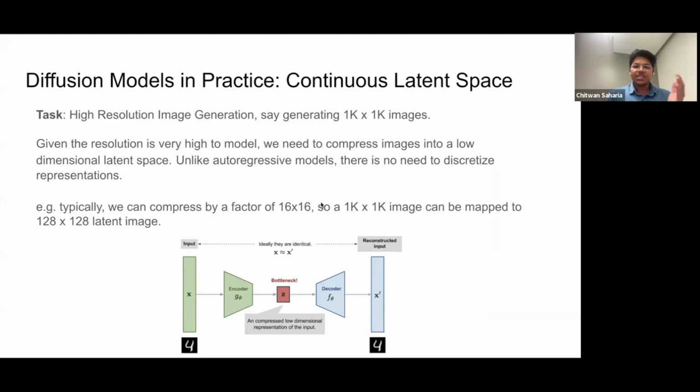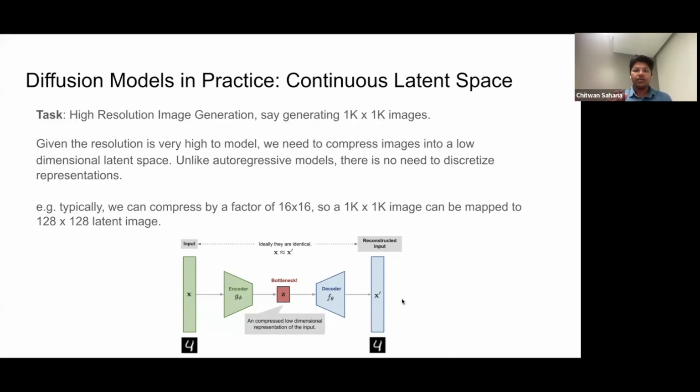So these are just some slides on using diffusion models in practice. Let's say we want to generate a 1K by 1K image, which is still a very high resolution that we need to model. One thing that we still do is compress these images into a low dimensional latent space, like the diagram below. I talked about this as a demerit of autoregressive models, where we had to map to discrete tokens in the latent space.